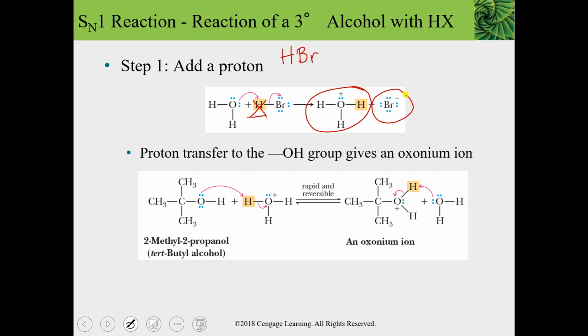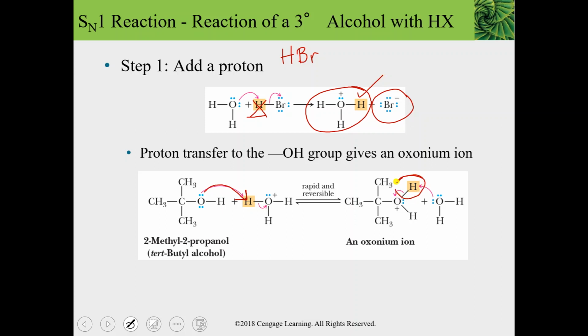The second thing that happens in step one is the proton transfer of the hydroxyl group. So we get the oxonium ion. So what in the world does that mean? That means if, for example, we're using 2-methyl-2-propanol or tert-butyl alcohol, the lone pairs from the oxygen are going to go and grab that hydrogen from the hydronium ion, leaving water by itself, and it's going to pick up this hydrogen.